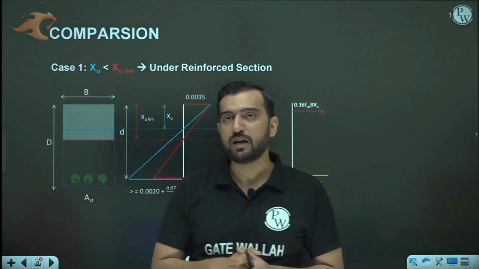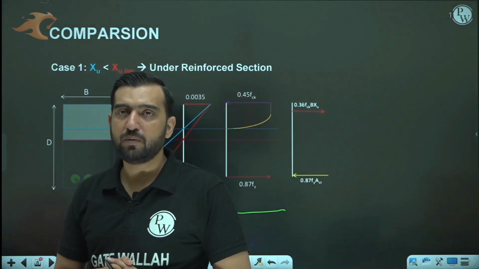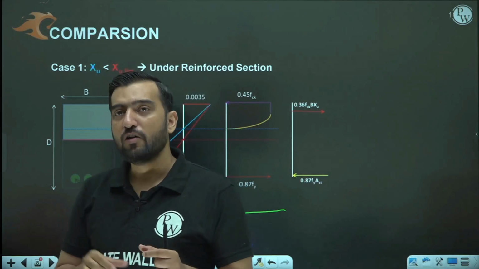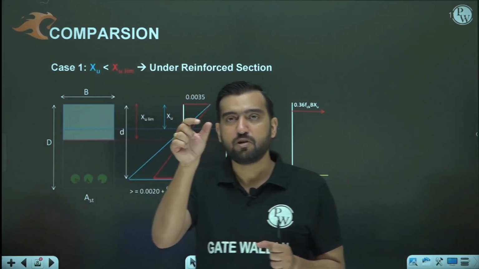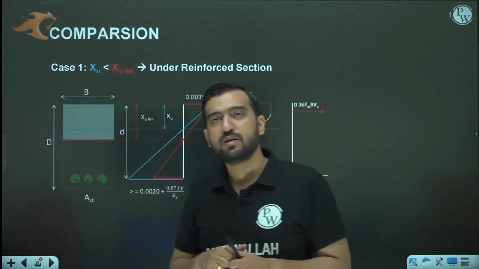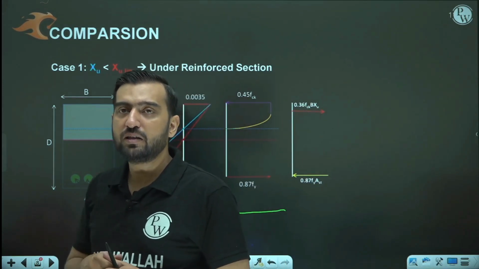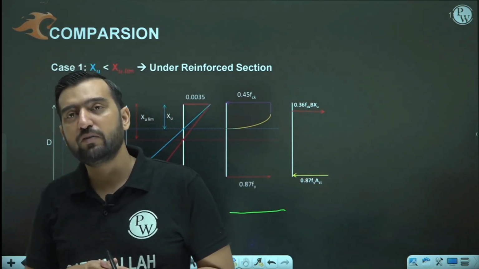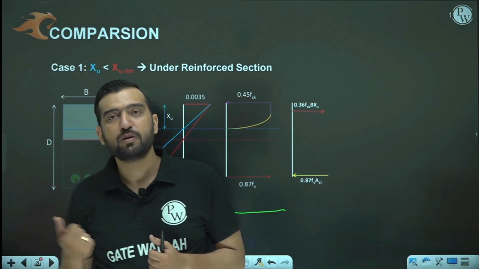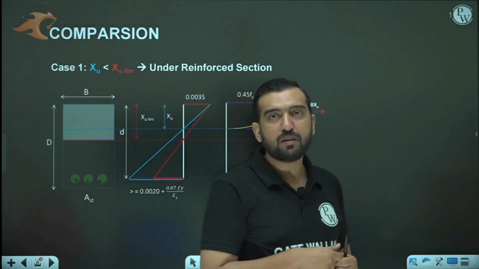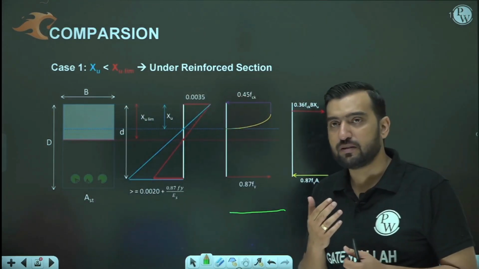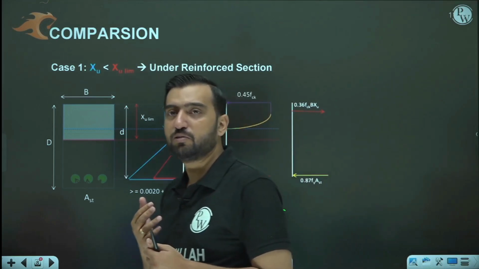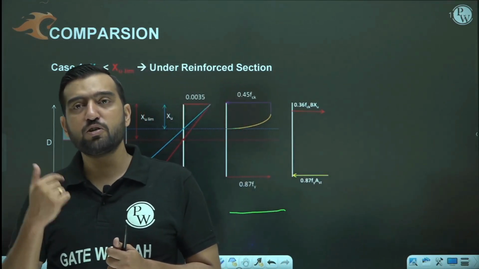Limiting depth of neutral axis is going to be a benchmark here because it is that value when strain at the time of collapse in concrete and steel is fixed. And what are these values? These are 0.0035 and 0.002 plus 0.87 Fy upon Es. Suppose actual depth of neutral axis, you can see it is based on the exact scenario.